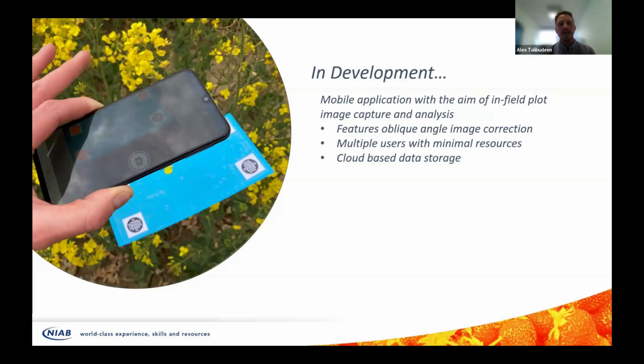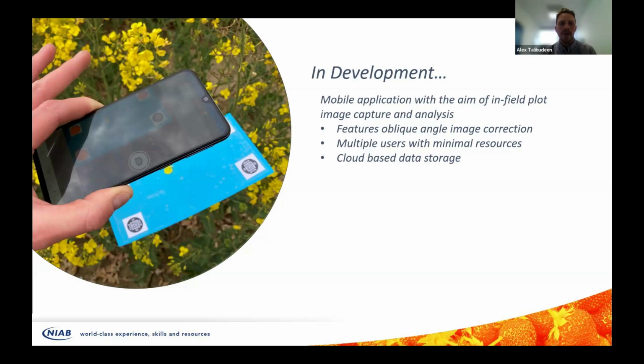But it has its own challenges where you're not using maybe a camera stand, so built-in analysis to try and correct images where you may be taking photos from an oblique angle, but we're aware that technology is moving on. Cameras and phones and the processing power that they hold could be quite useful in obtaining images in the field. The other advantage is you can have multiple users taking images with sort of minimal resources.